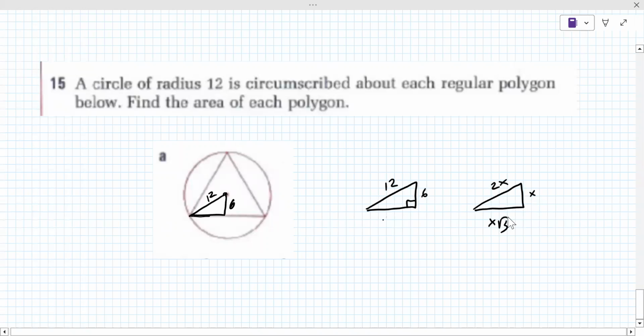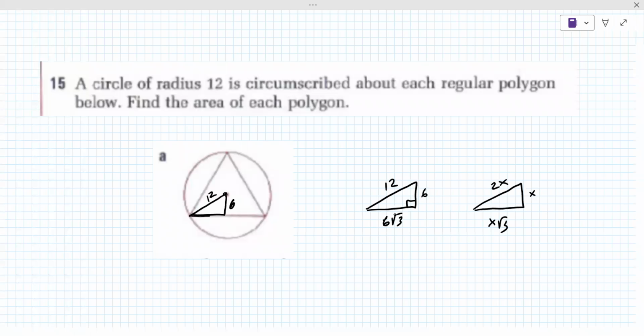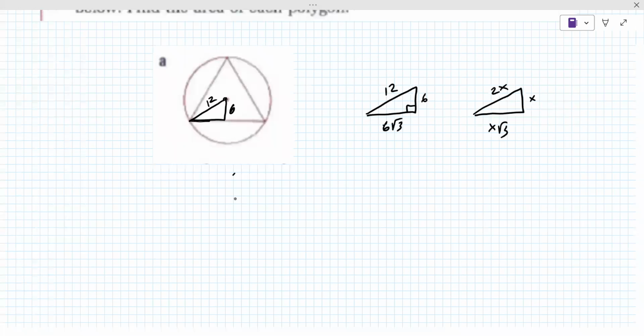So it'd just be x root 3 for that one triangle. But you have the x. What's the final? So 6 root 3. Yes. And then, I could maybe understand why there was some hesitation there. This whole length on the bottom is double the 6 root 3, so it's 12 root 3.